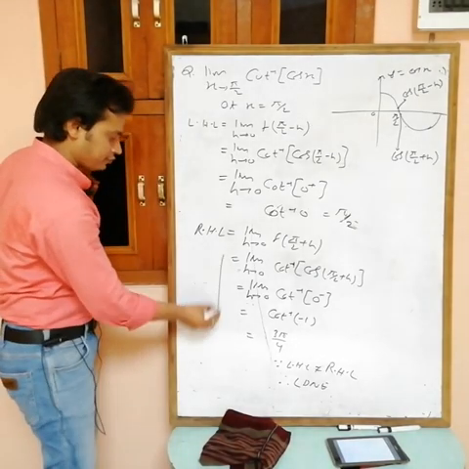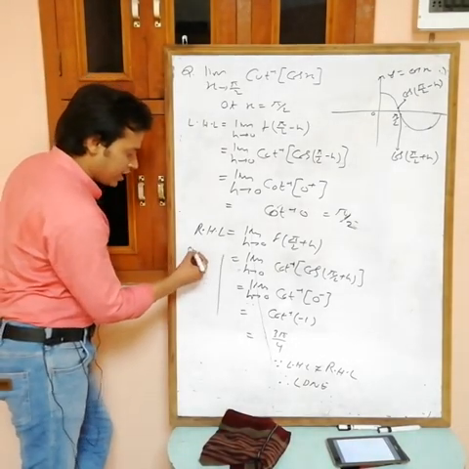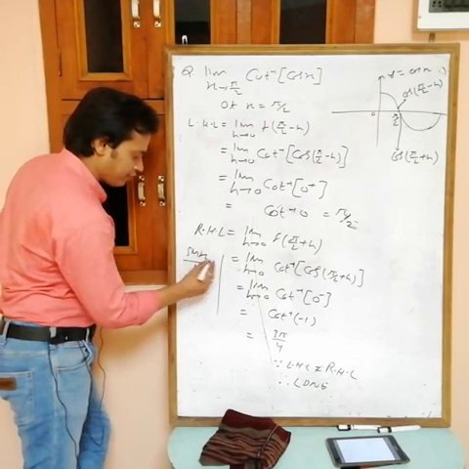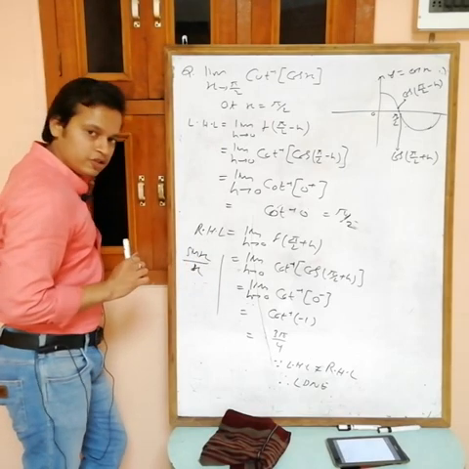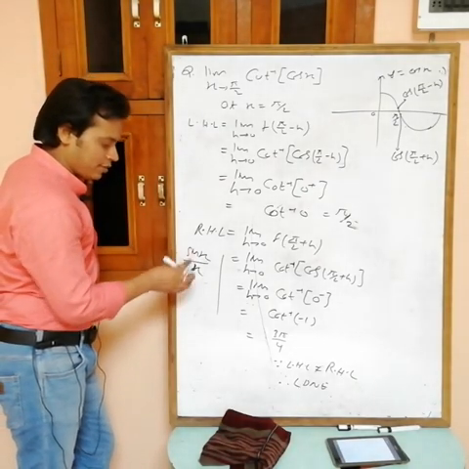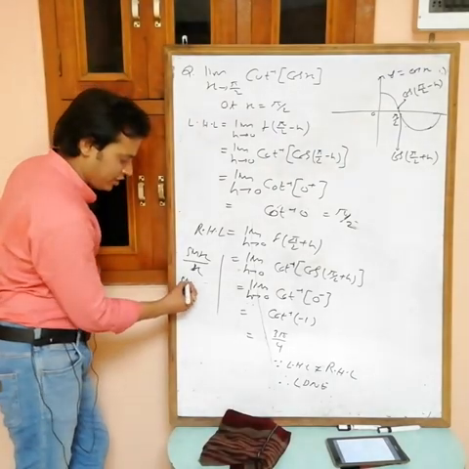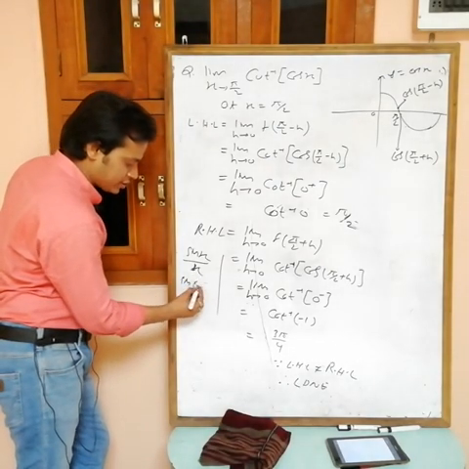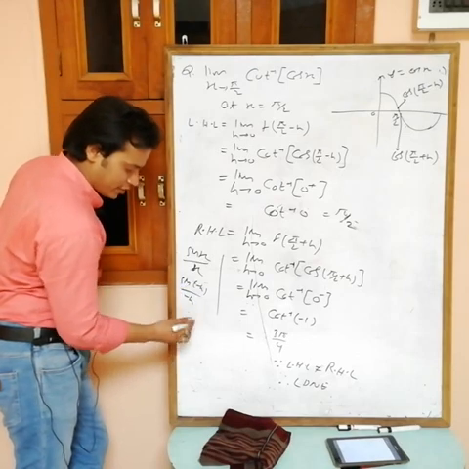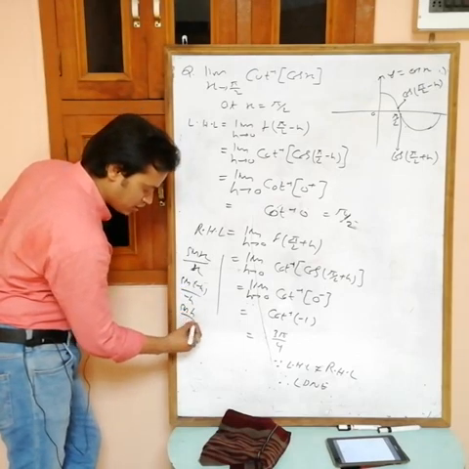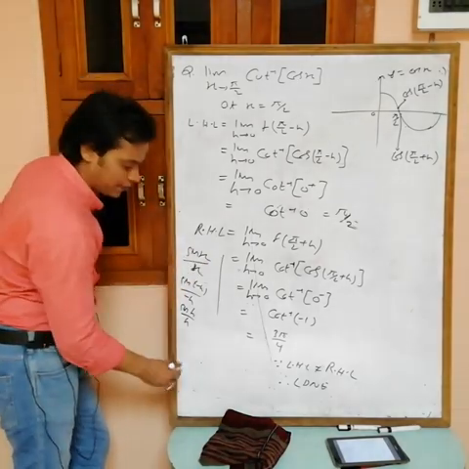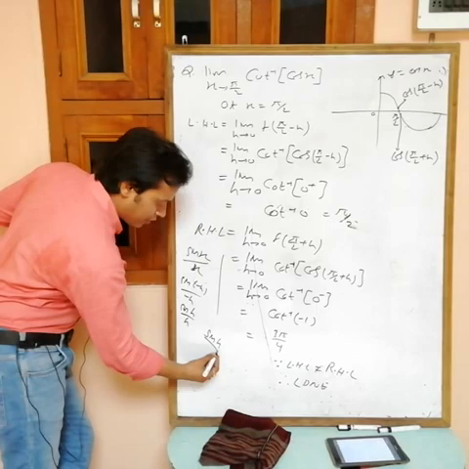Suppose like this, sin x by x. If you find LHL for this one, replace x with minus h, then you get sin of minus h by minus h. The minus signs cancel out, and we get sin h by h. Now find RHL for this one: replace x with 0 plus h, and we get sin h by h.